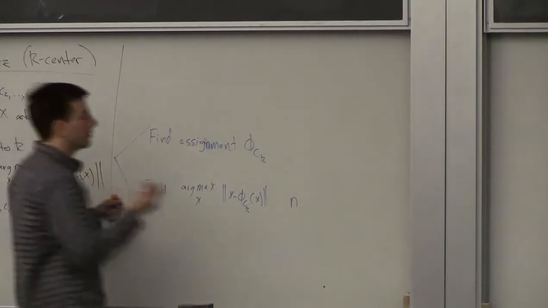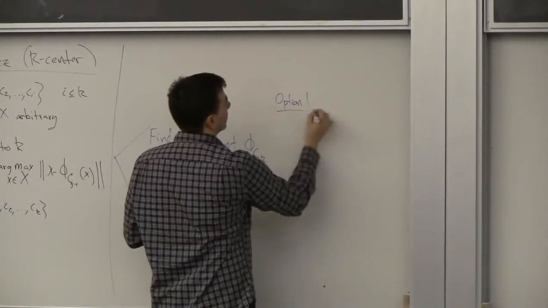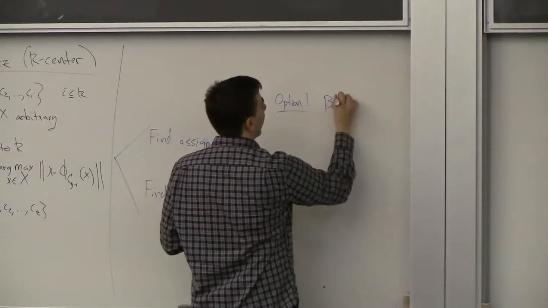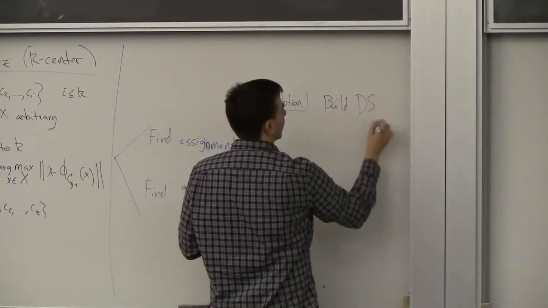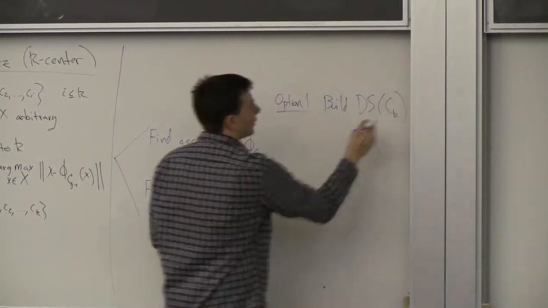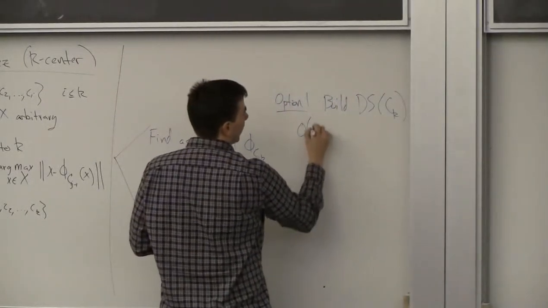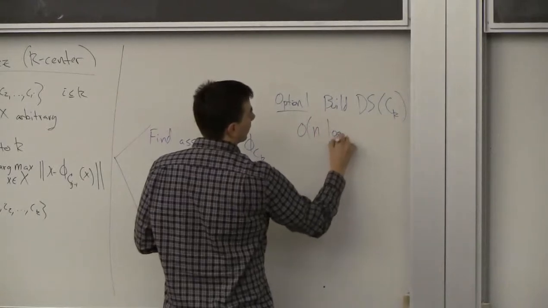So option 1: I can build a data structure on this set of centers c_k, and then I can spend basically O of n times something.